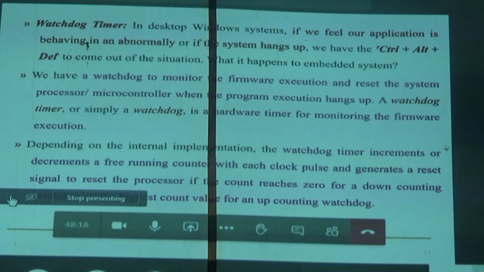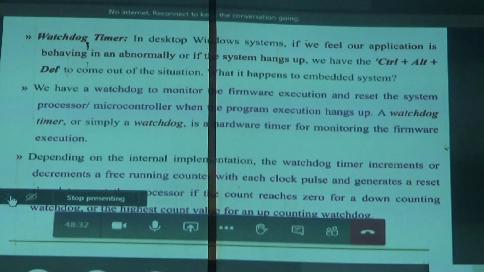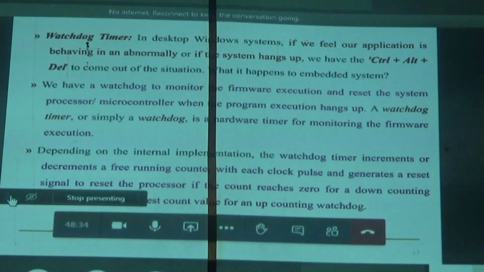Then how long will the screen be on? Will it be continuously on? No. If it were continuously on, power would be consumed unnecessarily. It should not happen like this. So internally what happens? The screen goes off after a prefixed time.